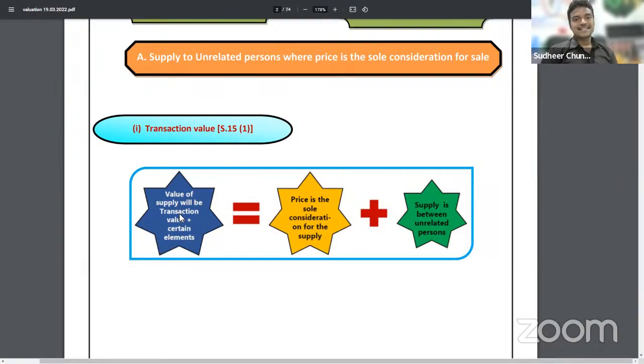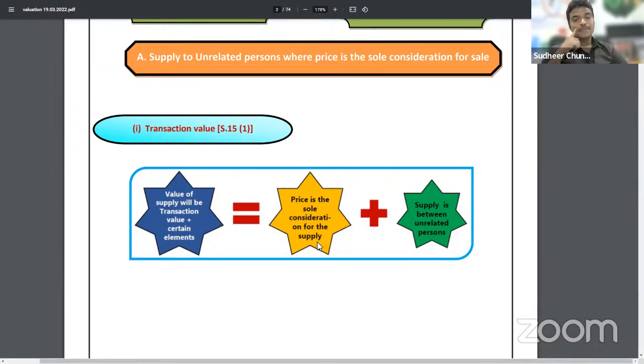So now let us discuss these aspects. What is the first condition? Price must be the sole consideration.